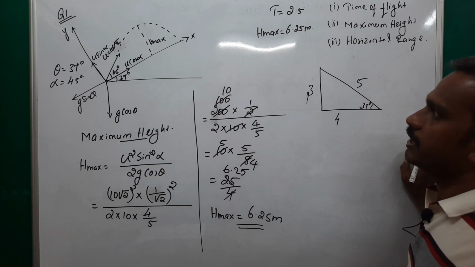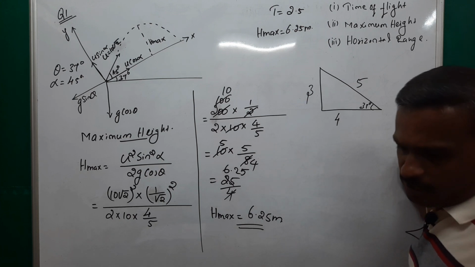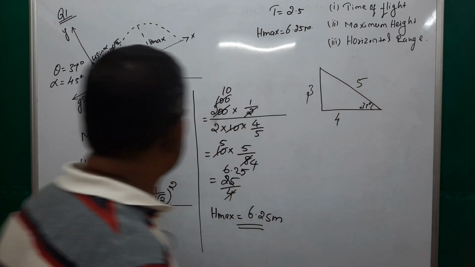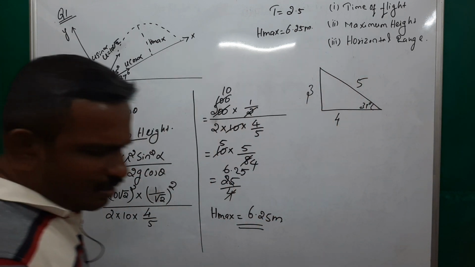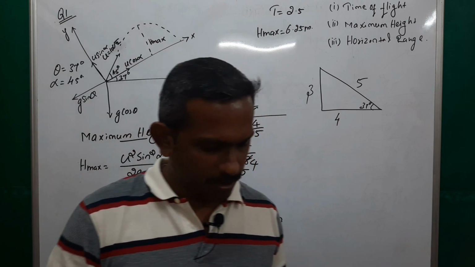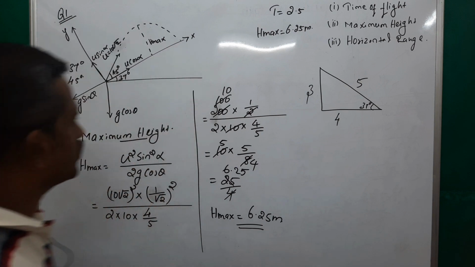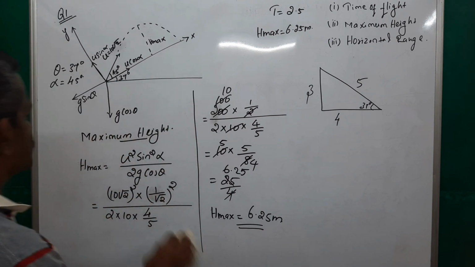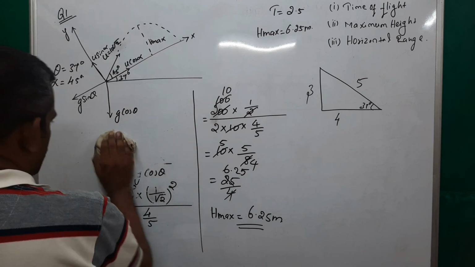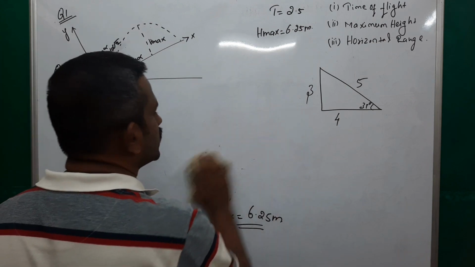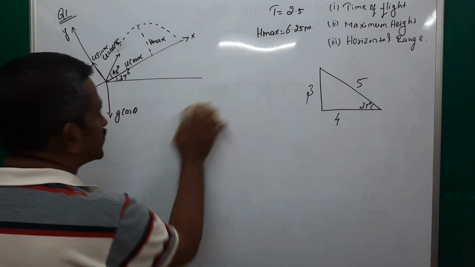Clear? So the next one we have to find is the horizontal range. We have derived the formula for horizontal range in the previous section, but we don't use that formula. According to the problem we will use the concept. So what is horizontal range? On an inclined plane, horizontally how much distance the object has moved.